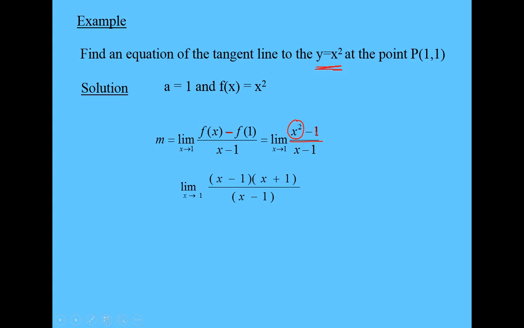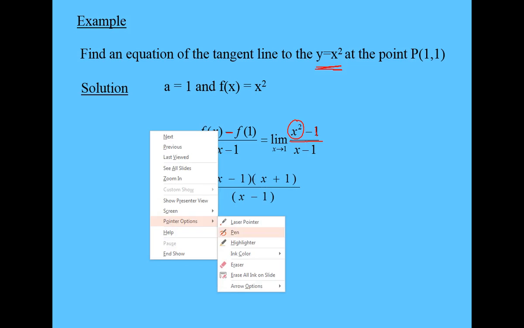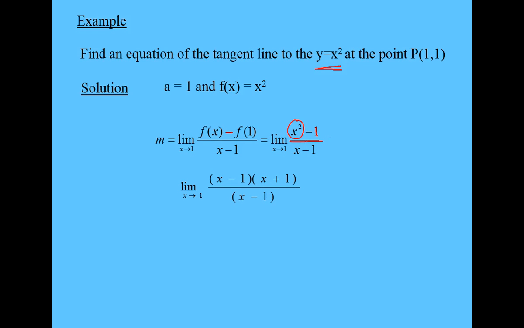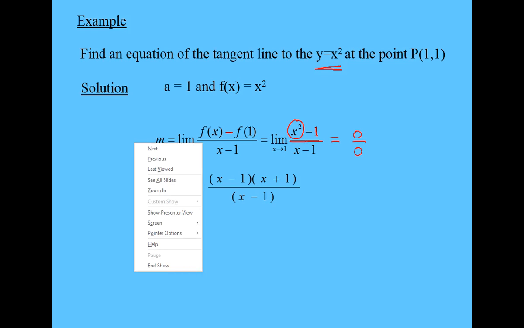If we tried direct substitution on this limit here, we would get 0 over 0. We get the indeterminate form. But we know how to deal with that now. We know we can factor this one.